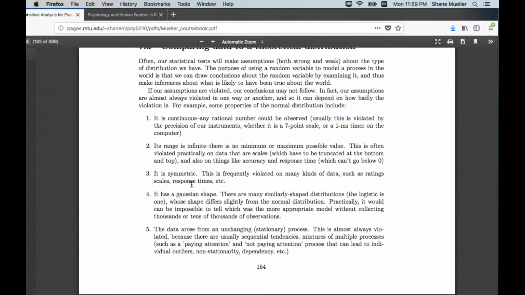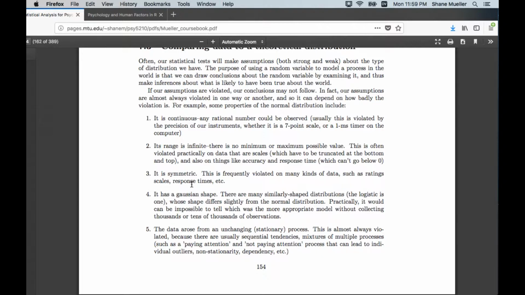It has what I'll call the Gaussian shape. It's not just symmetric, but it has very specific properties. There are other distributions that are not too different from it, like the logistic. The logistic has a slightly different shape. It's usually not detectably different, and it's also commonly used for some statistical models.